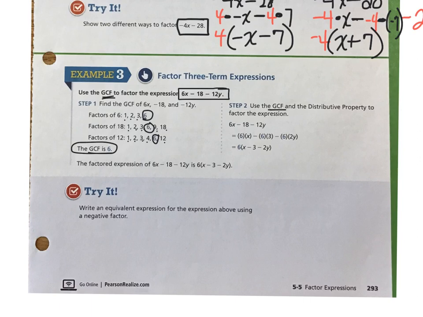Now we're going to use the greatest common factor and that inverse of the distributive property to undo each of those terms. So what happens is 6x, we're going to pull it apart into 6 times x. We're going to take that 18 and pull it apart into 6 times 3. And the 12y, we're going to pull apart into 6 times 2y. So each of those parts has a factor of 6.